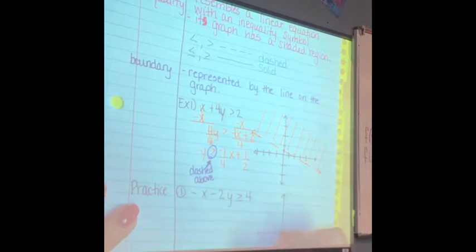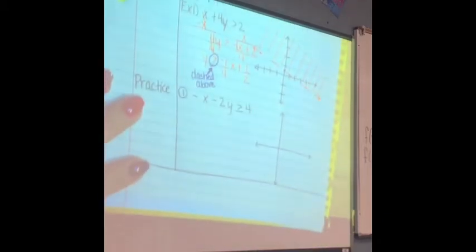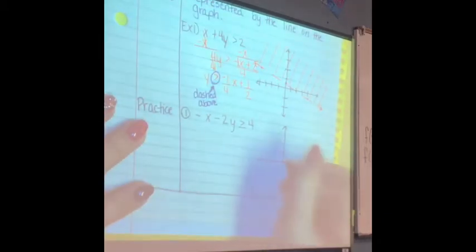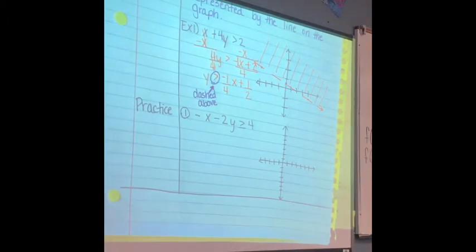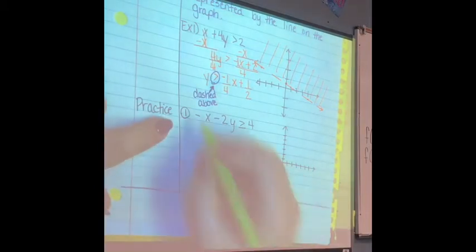Is that a negative x? Yes. Negative x minus 2y greater than or equal to 4. First thing I'm going to do is solve for y, right?